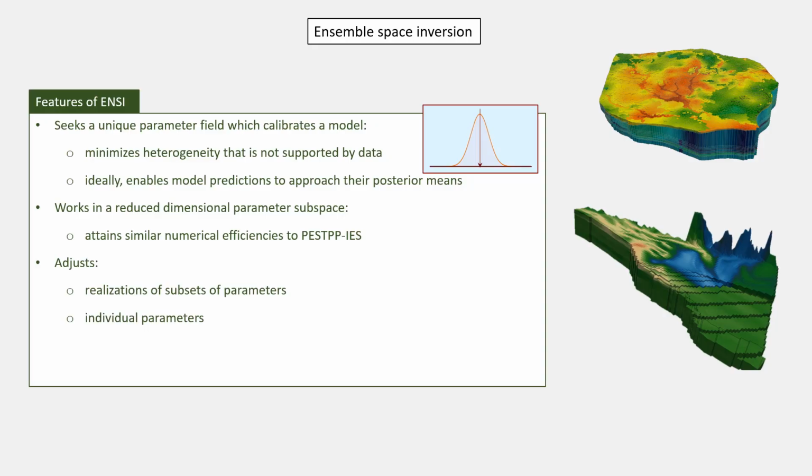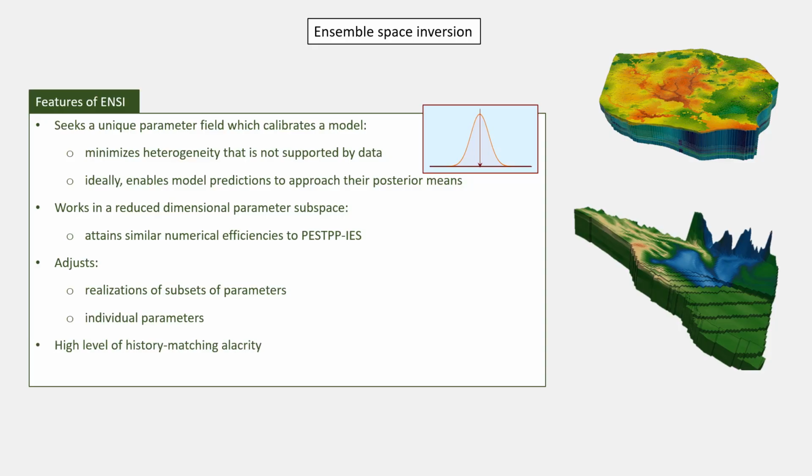But at the same time, we're going a little bit further. We're not only working with realizations of parameters, but we're also estimating individual parameters that we select, at the same time as we're working with realizations of parameters. So ENSI has some features of traditional calibration where we estimate individual parameters, and some features of ensemble methods where we're working with realizations of parameters.